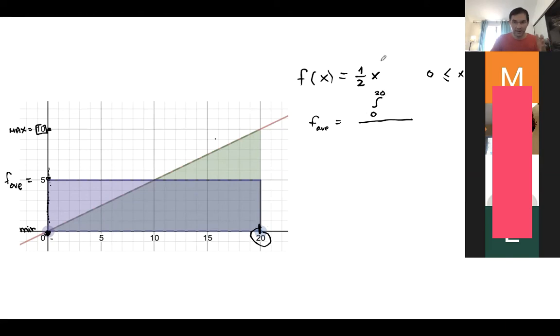My function f is a very simple function: 1/2 times x dx. And what do I have to divide this number by? By the length of the domain of this function. What is the length of the domain of this function?